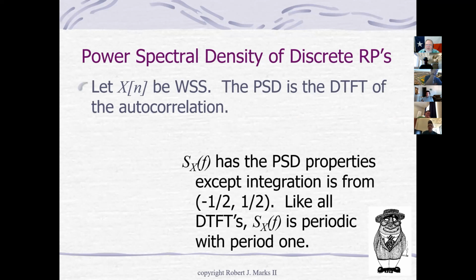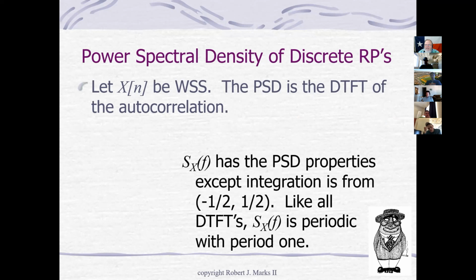We can also talk about the power spectral density of a discrete time signal. Anytime we store a signal on a vector analyzer or MATLAB or whatever, it's discrete, right? It's a big vector. And so we can always treat this as a discrete time stochastic process.